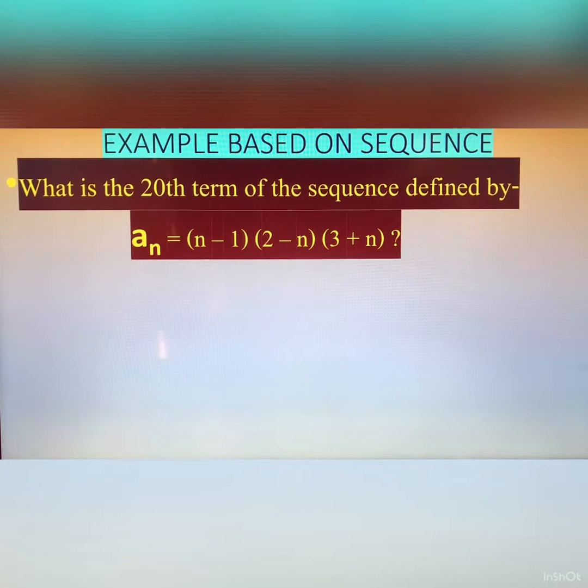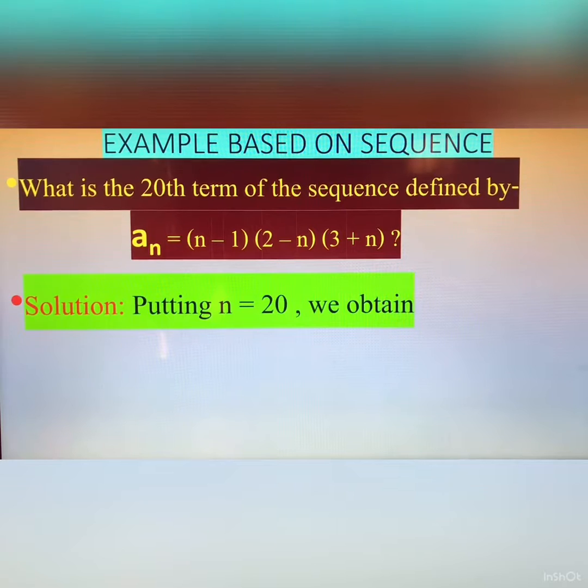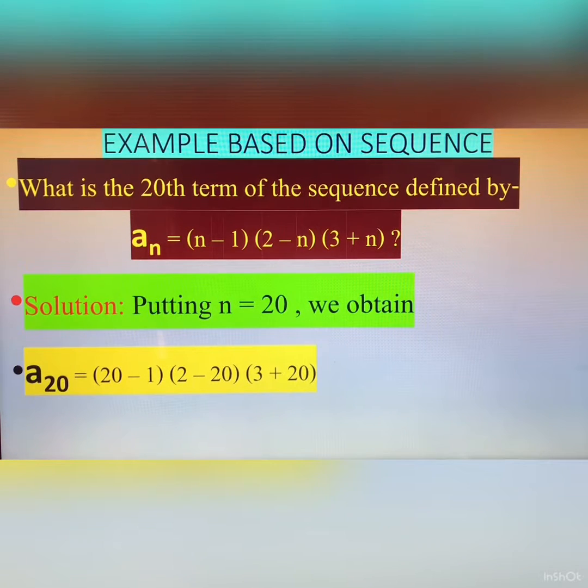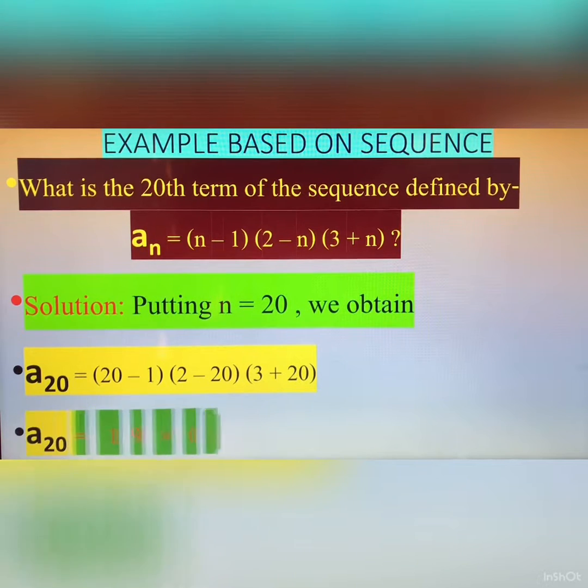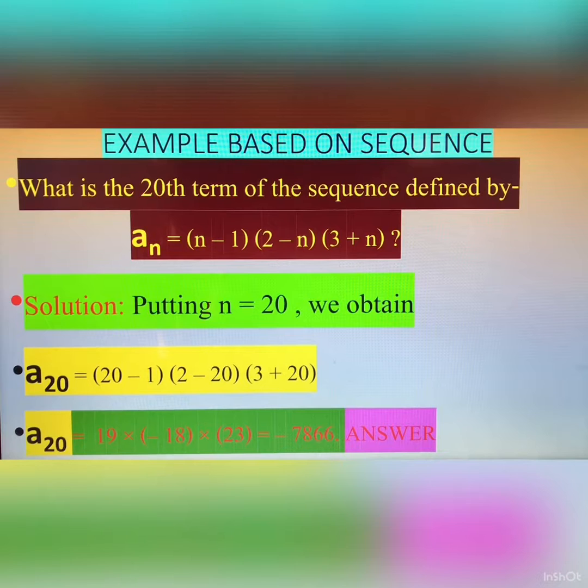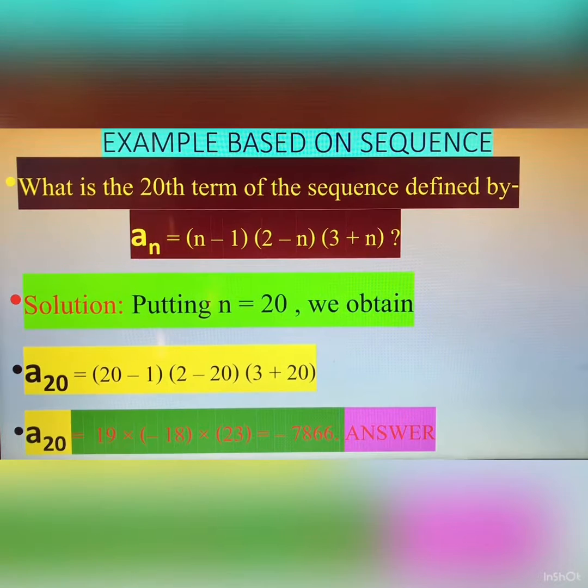For finding the 20th term, we will put n equal to 20, means we replace n by 20. We get 20 minus 1, 2 minus 20 and 3 plus 20. We get the 20th term as 19 into minus 18 into 23, that is minus 7866.